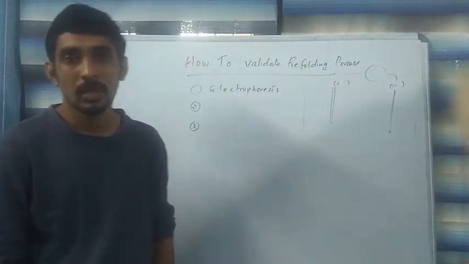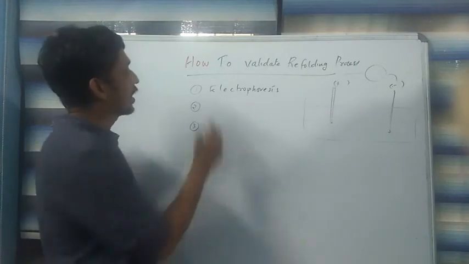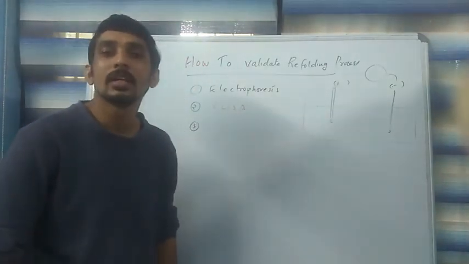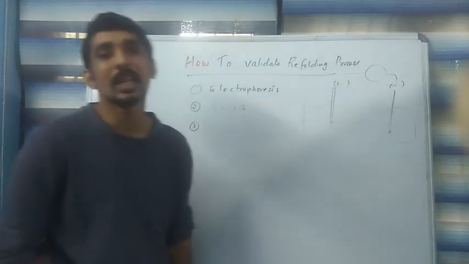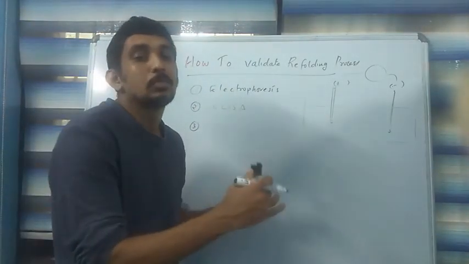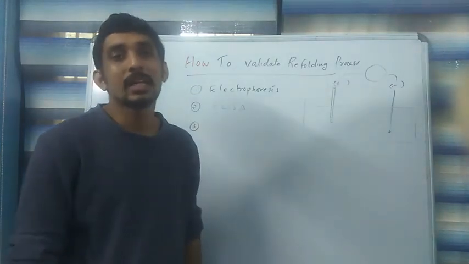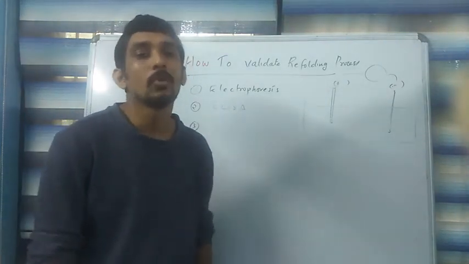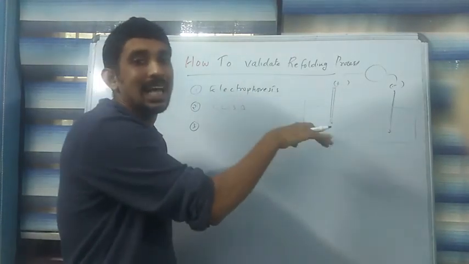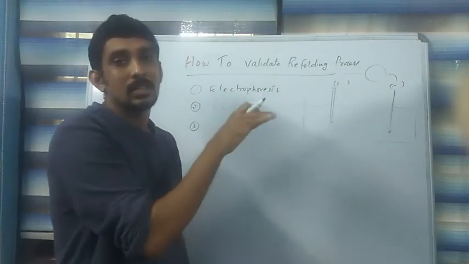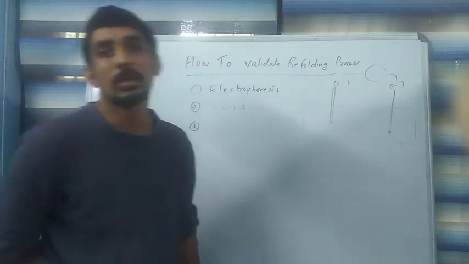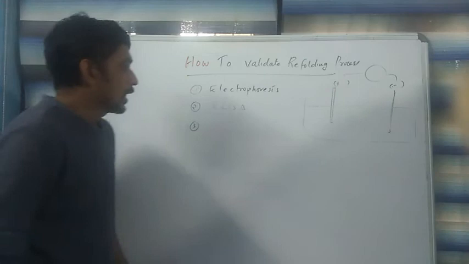And like that, we can use another technique called ELISA, enzyme linked immunosorbent assay. The basic principle of ELISA is that it works based on antigen-antibody interaction. By using this ELISA technique, we can validate the folded protein by giving appropriate antigens or antibodies.